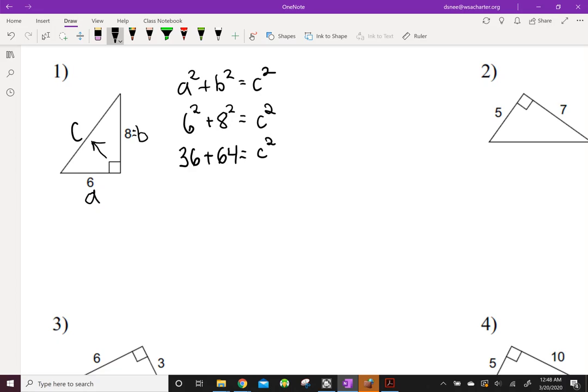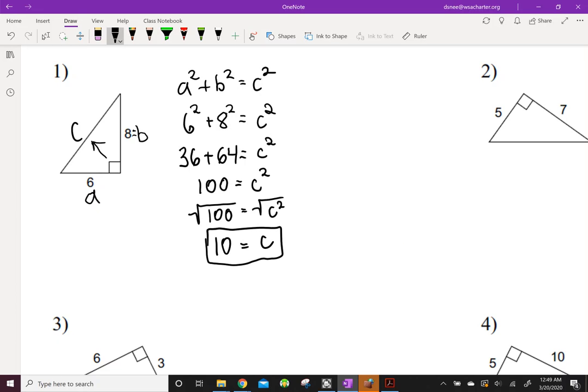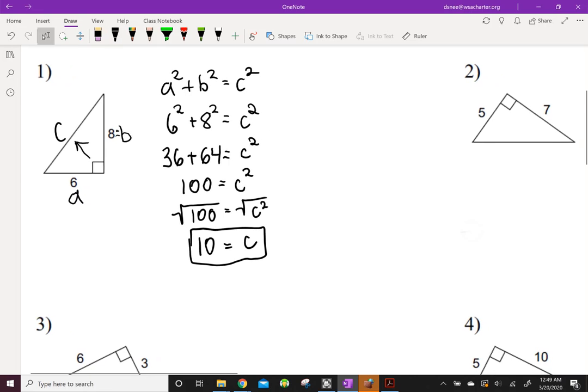You might already see this is going to be 100 equals C squared, and the square root of 100 is equal to the square root of C squared. Everything we do on one side we do on the other, and then this is 10 equals C. So that is our hypotenuse of that right triangle.